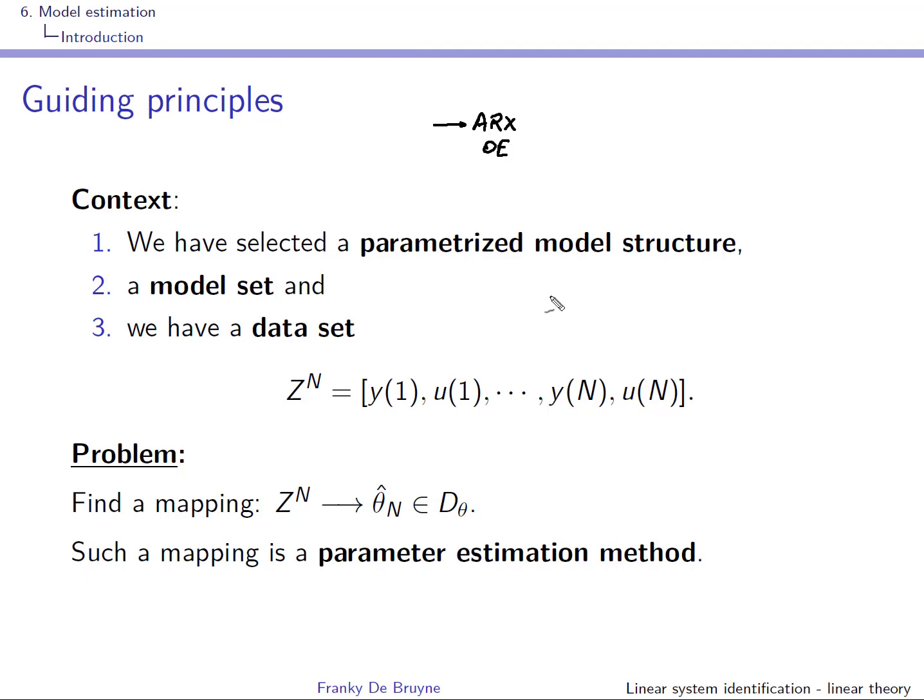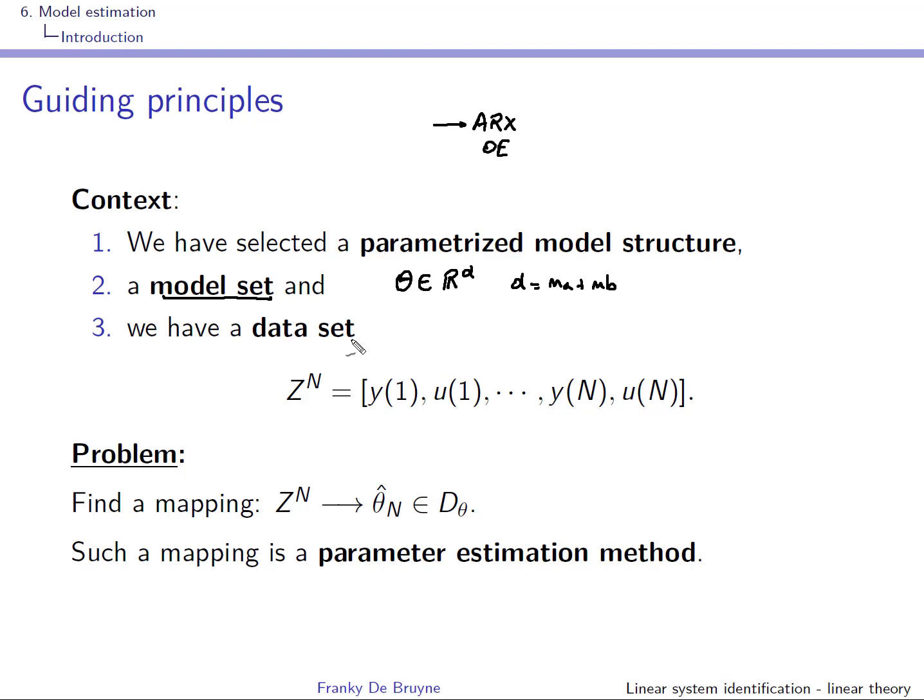Then we have to fix the number of parameters. Data is going to live in some set R^D, and D in this case is NA plus NB, right? So the parameterized model structure with all the possible thetas gives you a model set, right?